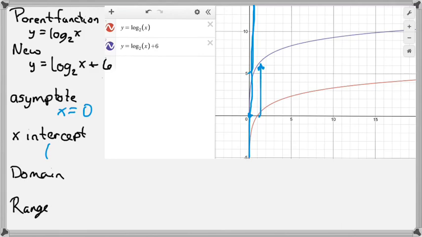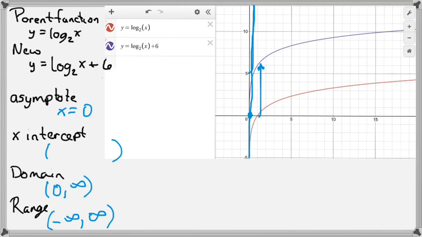Our domain is going to go from 0 to positive infinity. Our range is negative infinity to positive infinity. I forgot to put the decimal of what that is on my computer, so we're going to skip the x-intercept on this one, but you would just use the calculator. If it was one that you could actually round, you would just use the decimal off the computer.